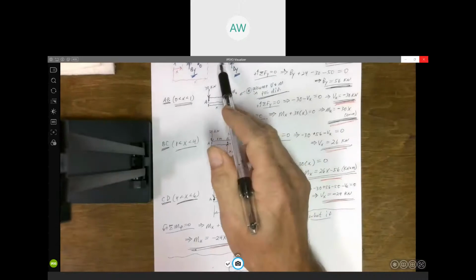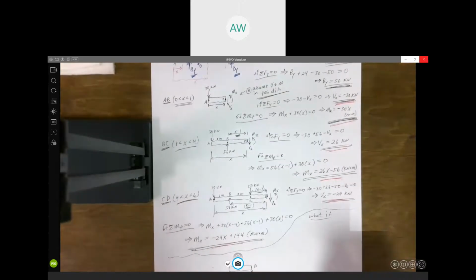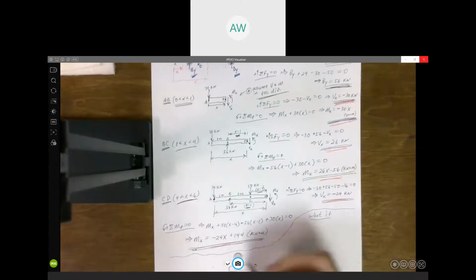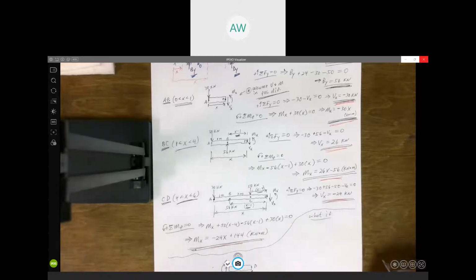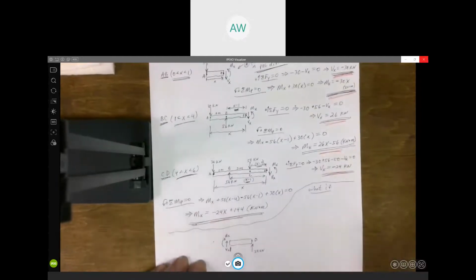If we cut it between C and D, we don't make it to the 50 kilonewton force. And so one, we've got to make sure we turn our shear force V and moment directions around. That's one thing students do wrong if they do it this way.